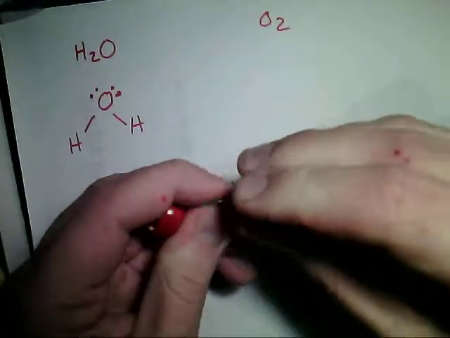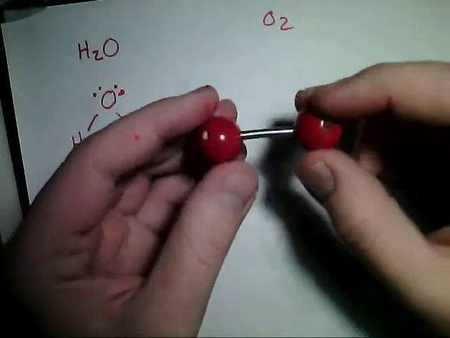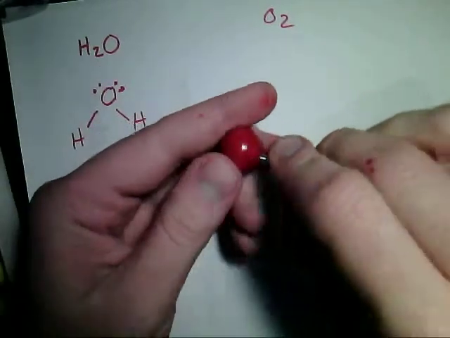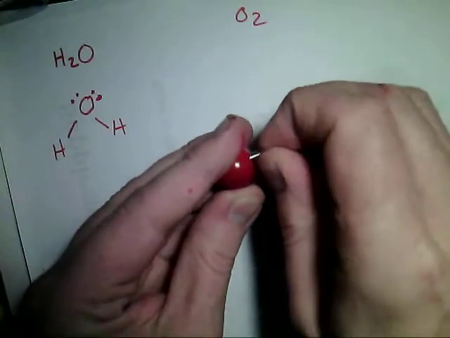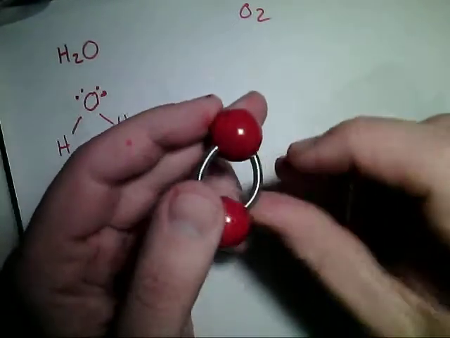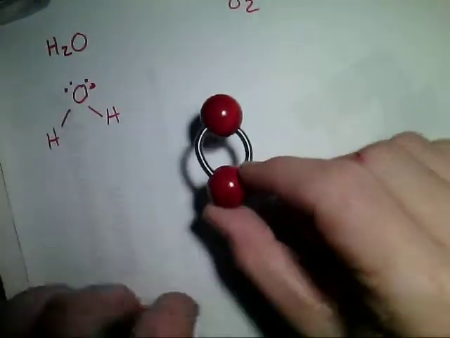And we see that that doesn't work out because there are open holes here, so we must have to do something else. What we have to do is add another bond, make a double bond. And then there we have it. A little oxygen molecule here.